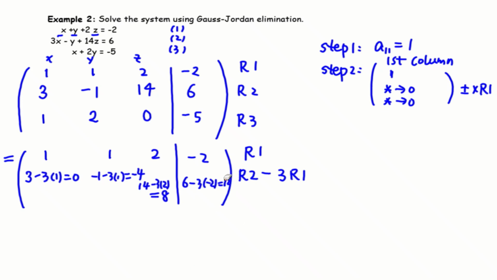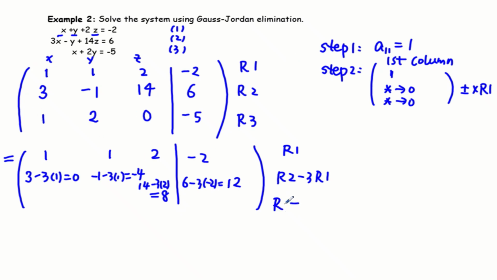You don't have to write the middle steps here, but I want to show you what we have done. So 3 times -2 gives us -6, plus 6 is 12. Then the last one, R3, is 1 already, 1 minus 1.